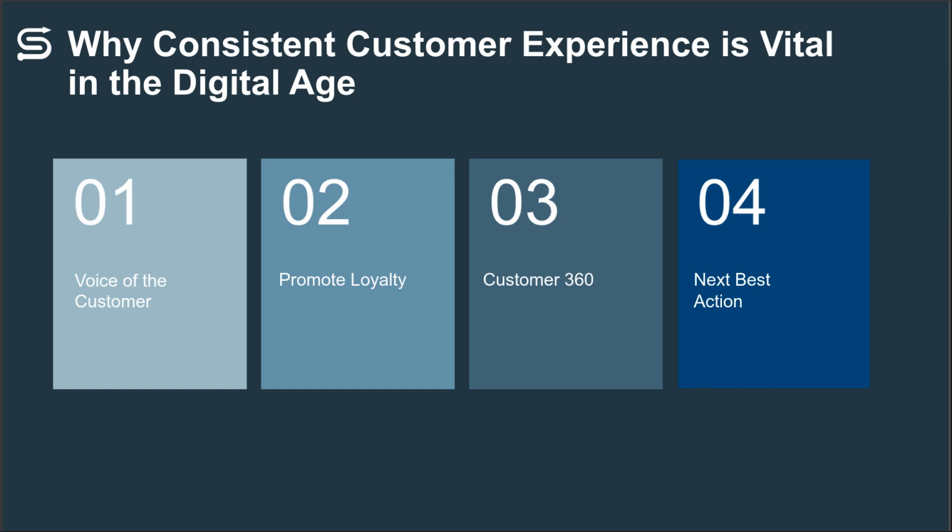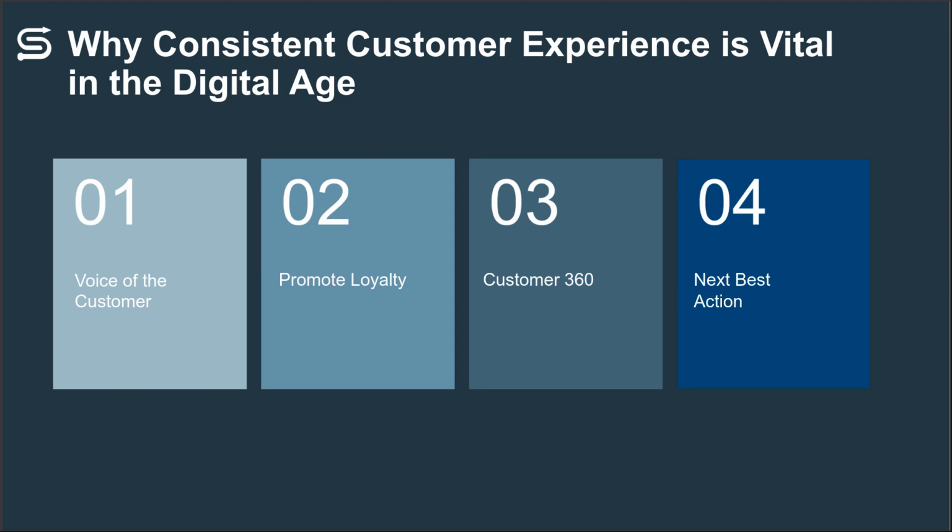So if the customer feels like dealing with you is easy and they feel like they're heard and their needs are met, it's going to promote loyalty. And it all goes back to communication. And CRM just really helps you get that 360-degree view of your communication with your customer. What are you selling to them, or what services are you providing to them, or what do you know about them?